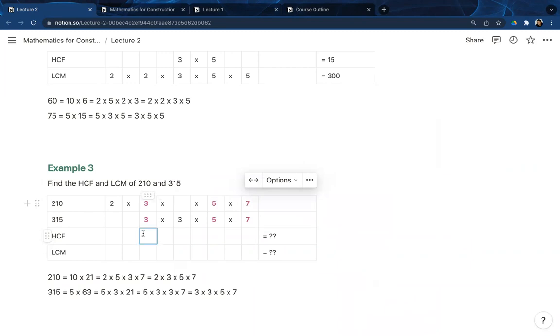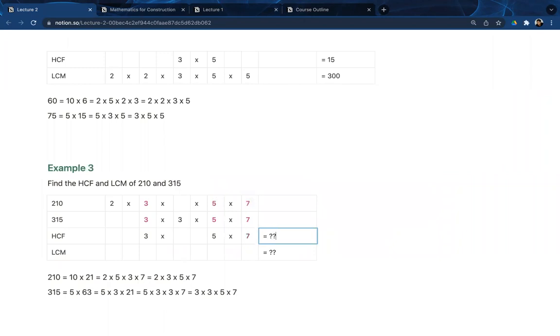So the HCF will be 3 by 5 by 7. So what's 3 by 5 by 7? 3 5s are 15, and 7 sets of 15. 4 sets of 15 is 60. Right, so that's a little bit less than 120. That's 105.